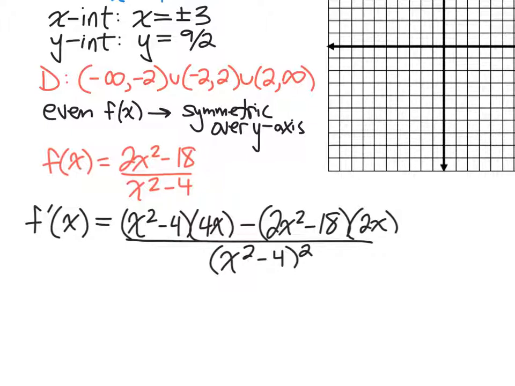On the top, distributing is a technique that you could use, but it's not the best technique generally. The best technique is to look for a common factor. On the top, I can pull out definitely a 4x, which would leave us with an x squared minus 4 minus x squared minus 9.